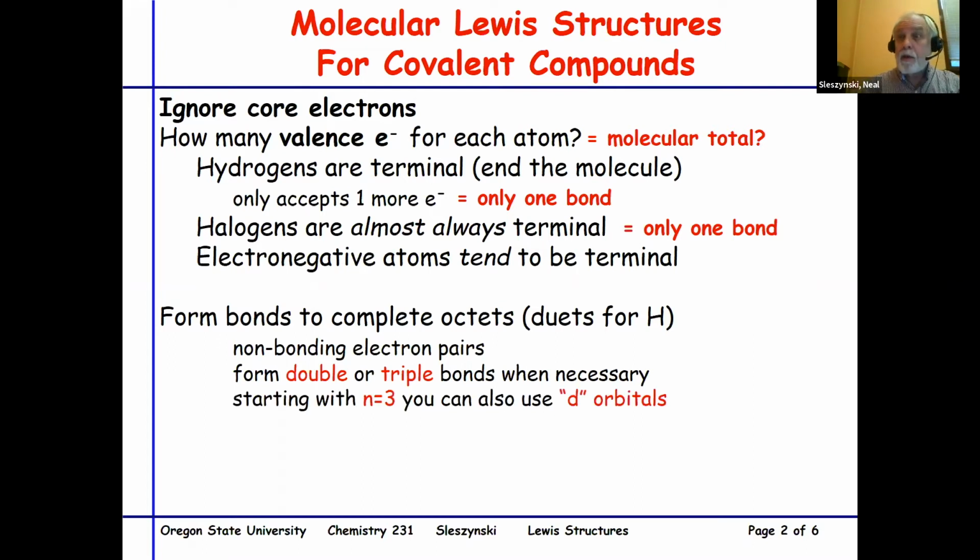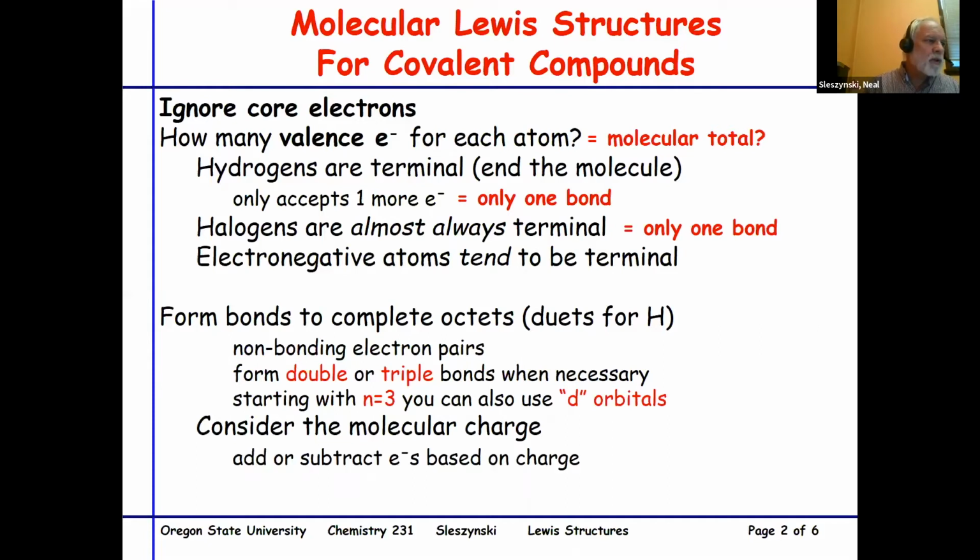Starting with the n equals 3 principal quantum shell, or the third row in the periodic table, we may also be forced to use d orbitals. We should also consider molecular charge, which means either we've got additional electrons above and beyond the valence electrons, or fewer electrons than predicted by our valence electrons, which will force us to add or subtract electrons based on the charge.